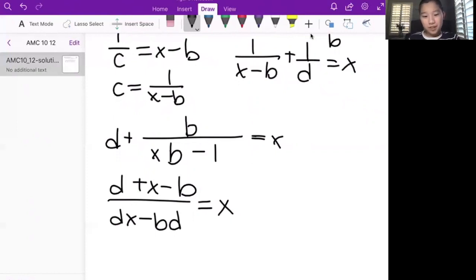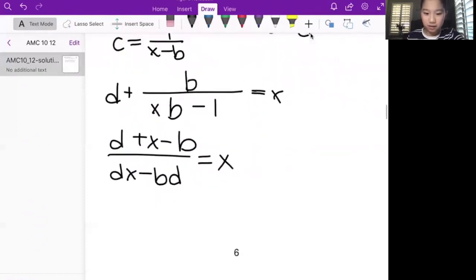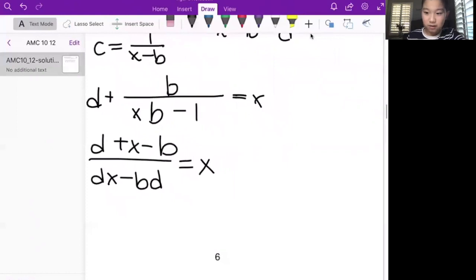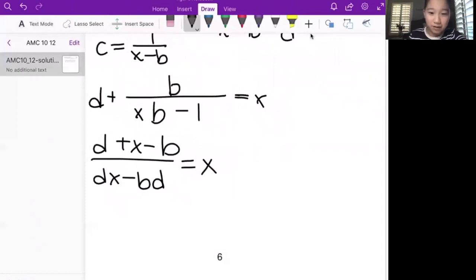Now we simplify a bit more by removing the fractions, by multiplying both sides by XB minus 1 for the first equation and DX minus BD for the second. You'll notice that how we derive these equations is actually kind of symmetric.